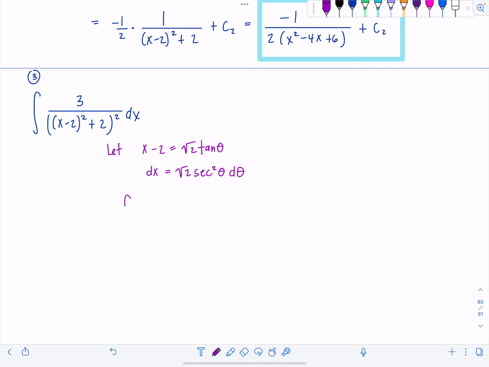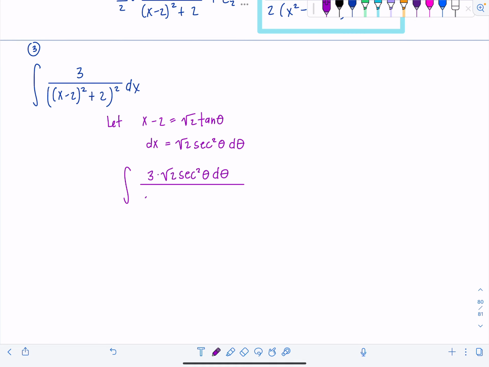Okay, so now we have integral 3. dx is rad 2 secant squared theta d theta. And then in the denominator, x minus 2 squared is going to be rad 2 tangent theta squared plus 2, and then this is all squared, okay? Now I don't want to rewrite this 100 times, so let's clean this up over here.